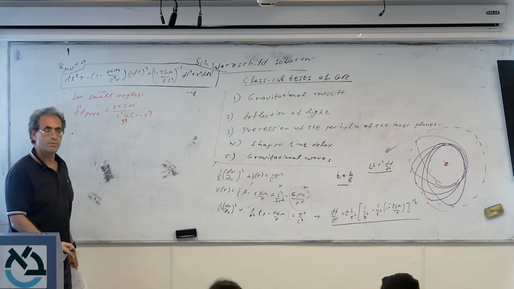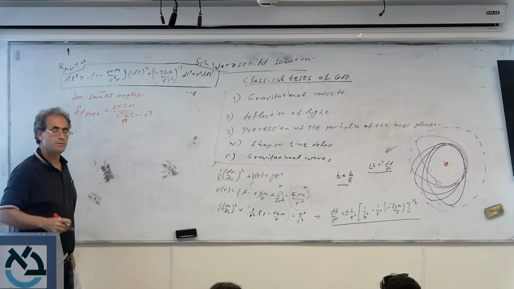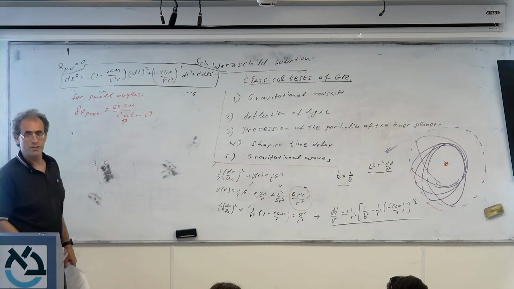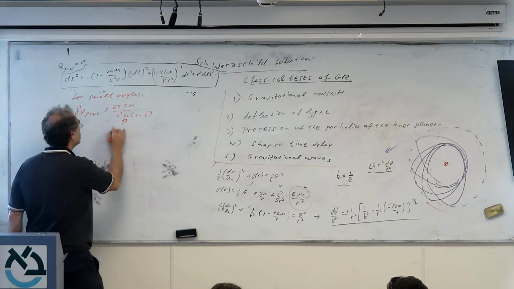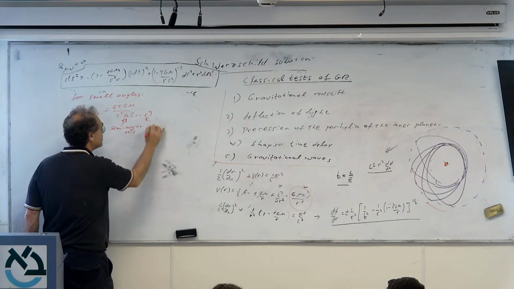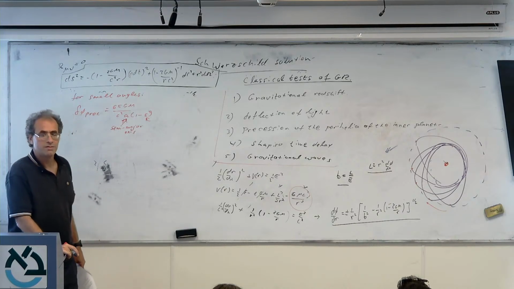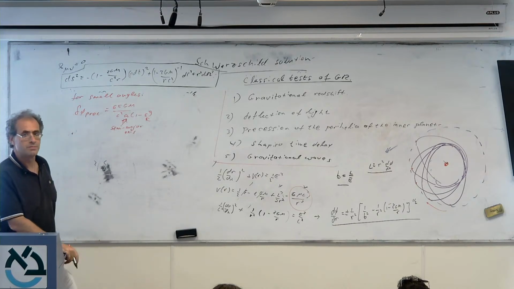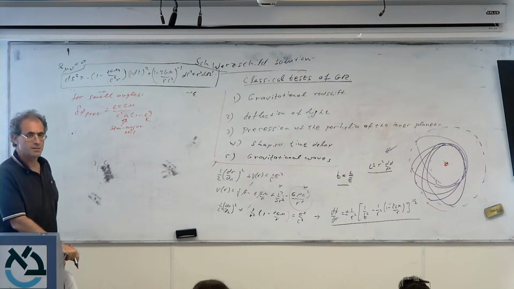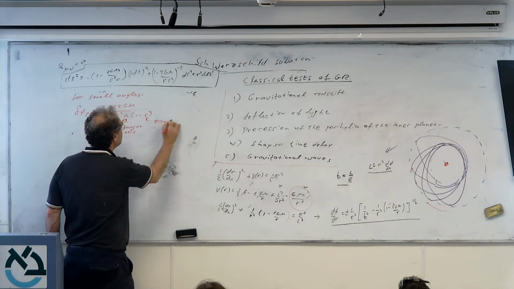Go back to Keplerian motion, Keplerian orbits. a would be the semi-major axis. And epsilon is eccentricity. Yes, that's what it meant. Eccentricity.